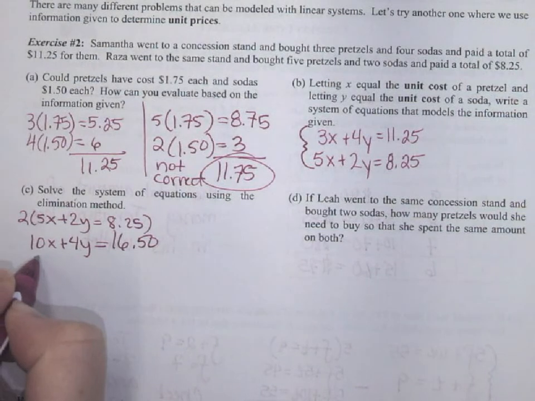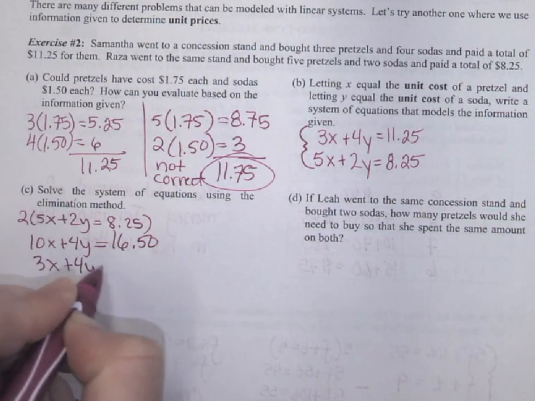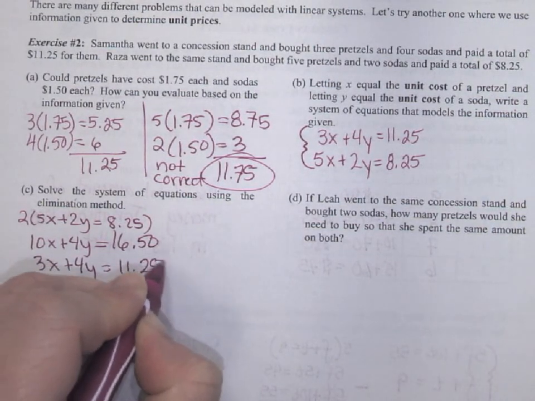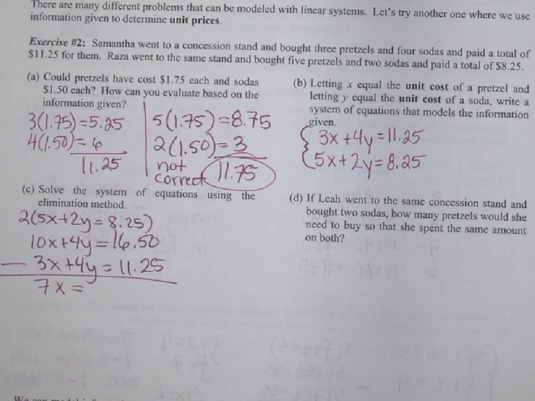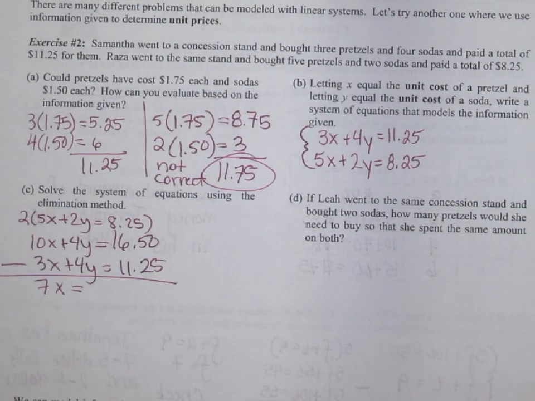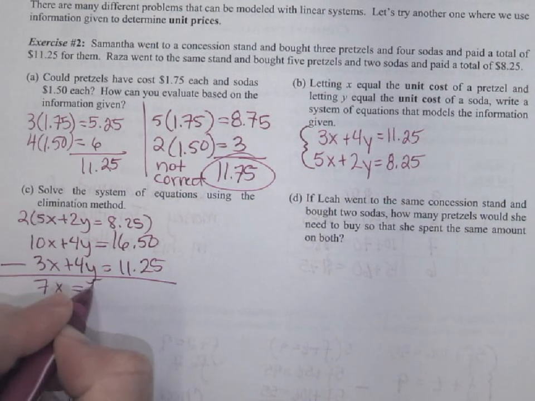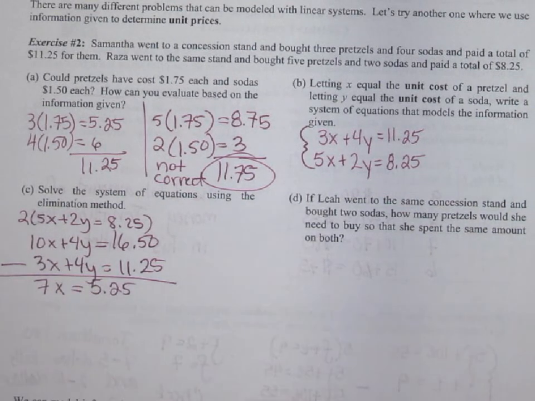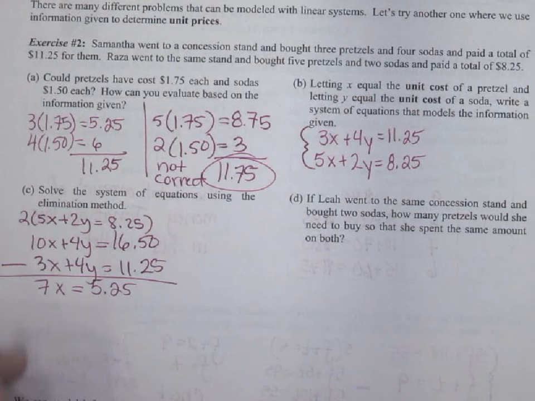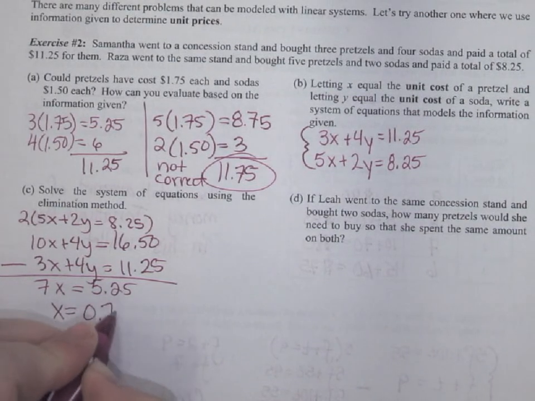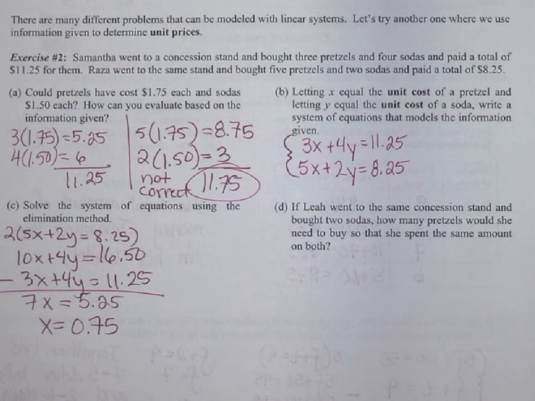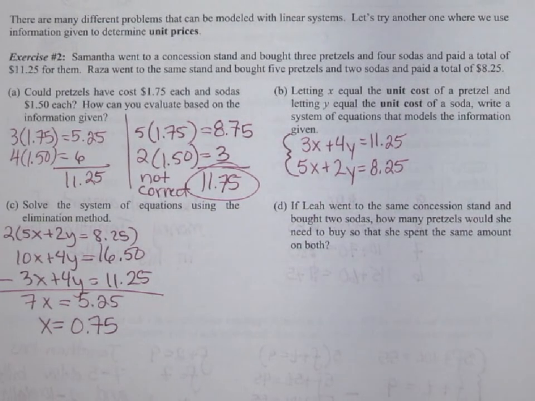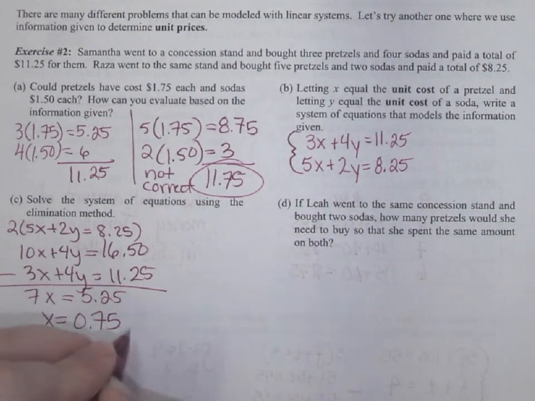And solve. So this is telling me actually that X is 75, which means that the cost of one pretzel is 75 cents.